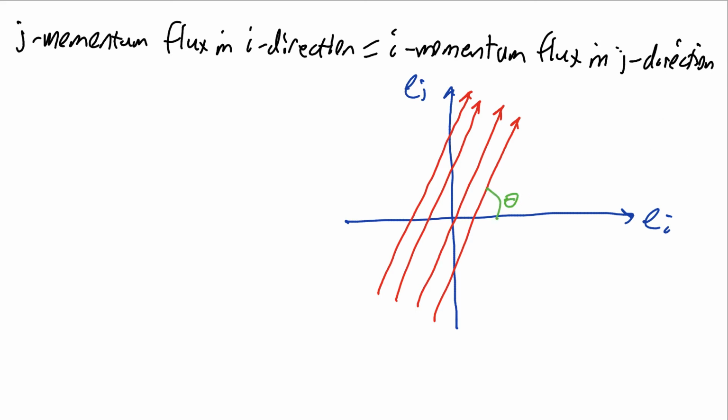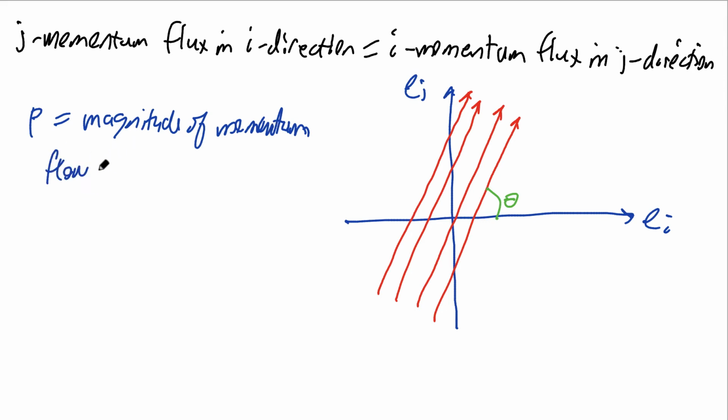And to the observer O, let's say that the observer sees a magnitude of momentum P flowing past the origin. So P is the magnitude of the momentum as seen by the observer flowing past the origin in some time delta t as measured by the observer's clock.